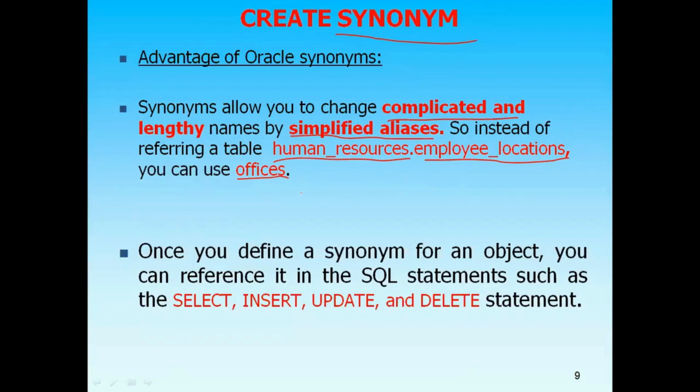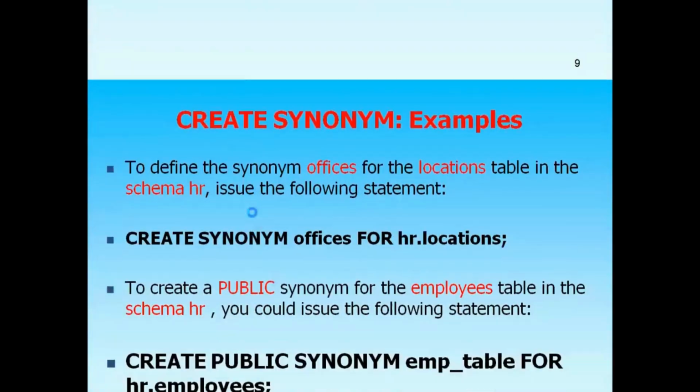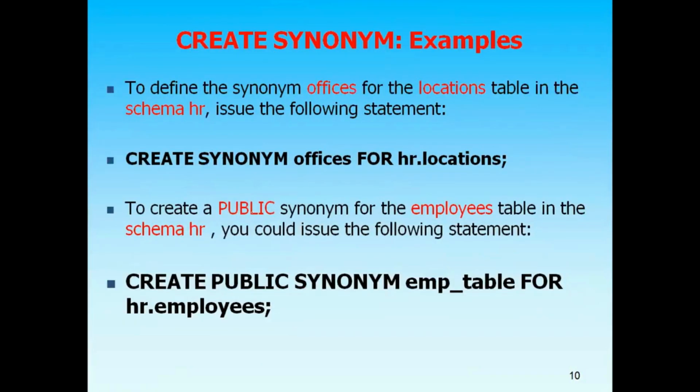Not only other users, but the one user also in their own database can use the synonym name, the simplified name, for performing the different operations, right? So here is this example. To define the synonym offices for the locations table in the schema HR, we can use this statement: create synonym offices for HR dot locations, right? So offices is the name given by the DBA to which table, that is HR dot locations.